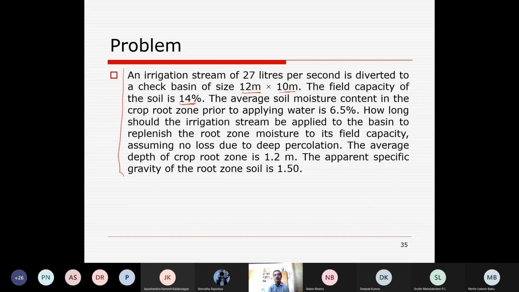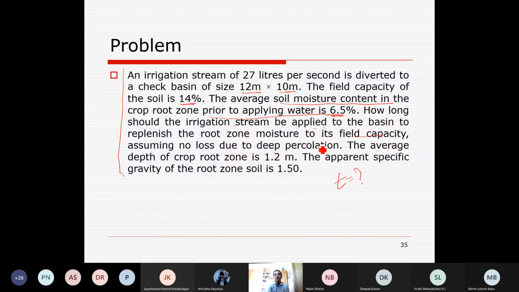The average soil moisture content in the crop root zone prior to applying water, that is basically the present soil moisture content, is 6.5%. How long should the irrigation stream be applied to the basin to replenish the root zone moisture to its field capacity condition? So how long a time?